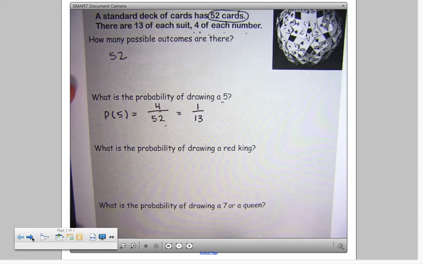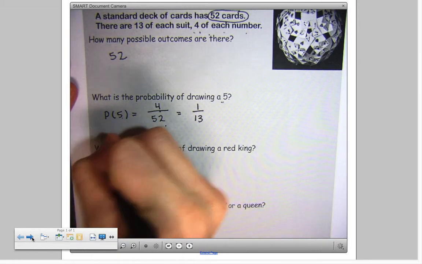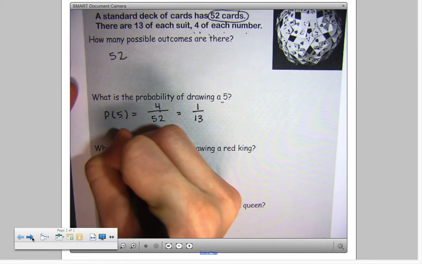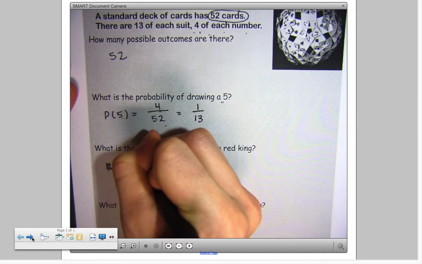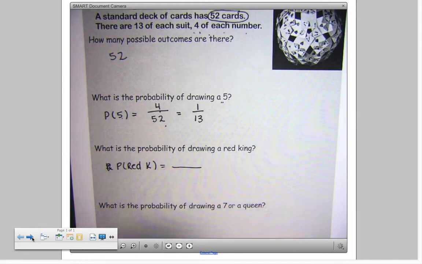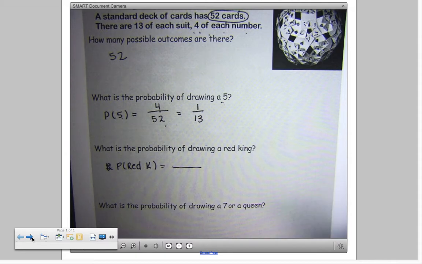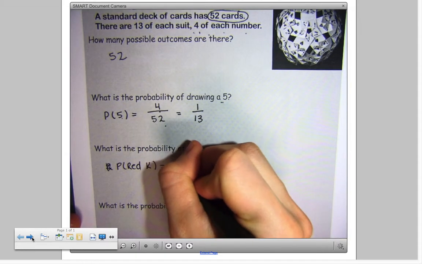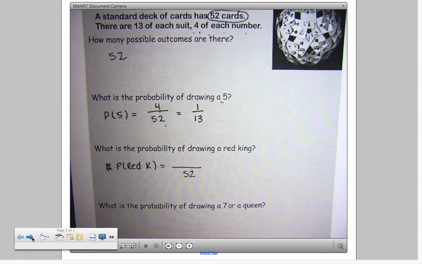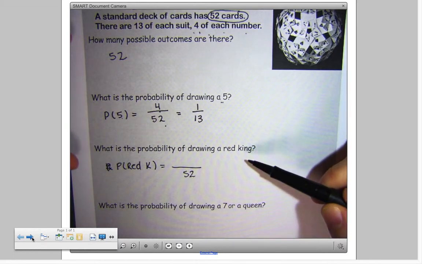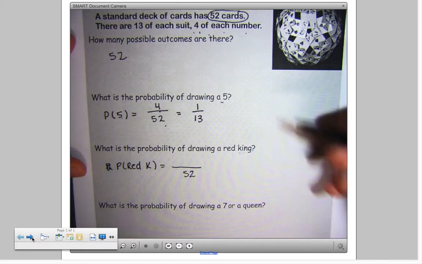Okay, what is the probability of drawing a red king? So probability of a red king. Okay, I can go ahead and do my denominator because remember it's the total. We already said the total was 52. Okay, so if we're looking for a king, let's just look at the king part for now.